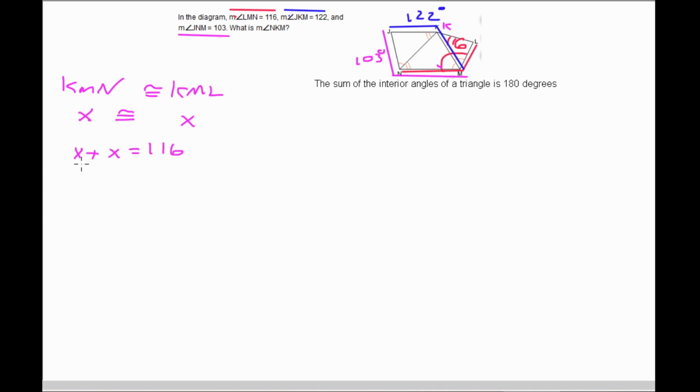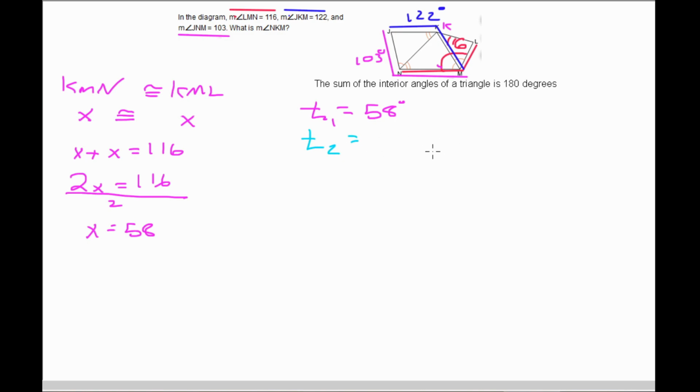I can solve for this by combining like terms and then solving for X by dividing by 2, and I get X equals 58. So anywhere I have a single tick mark, which I'll call T1 for tick mark 1, I can plug in 58 degrees. Now I need to figure out what tick mark 2 is.